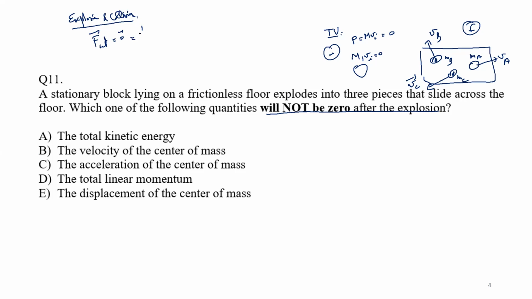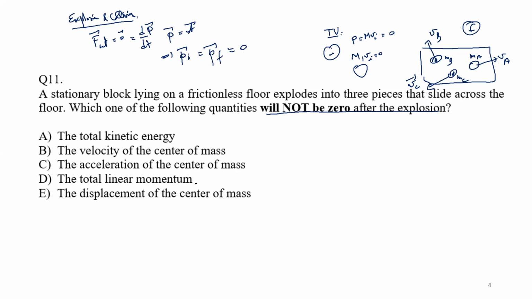You know that Newton's second law is just a derivative. Net force is the derivative with respect to time of momentum. Net force equal to 0 means momentum is constant. That means I have conservation of linear momentum: linear momentum before is equal to linear momentum after. Linear momentum before explosion was 0, so that means linear momentum after explosion is 0.